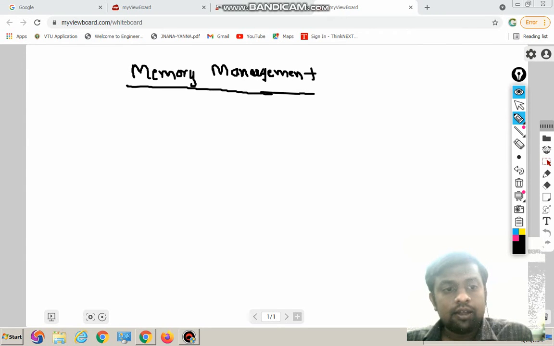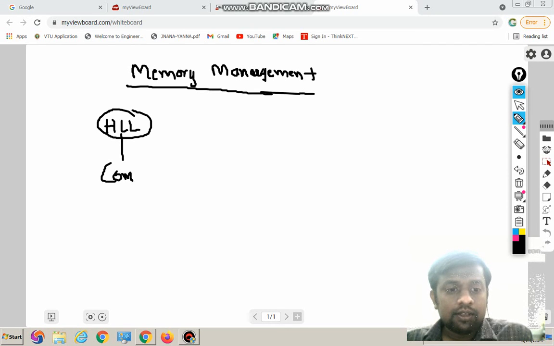So, when we write a program in a high level language, we give this high level language to the compiler, right? So, what will the compiler do?